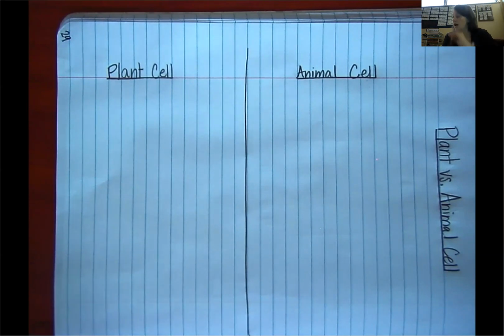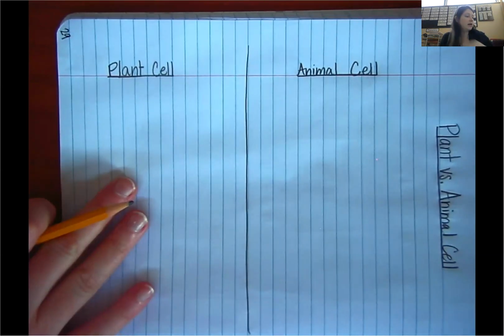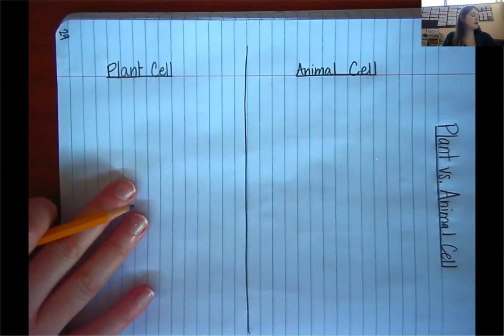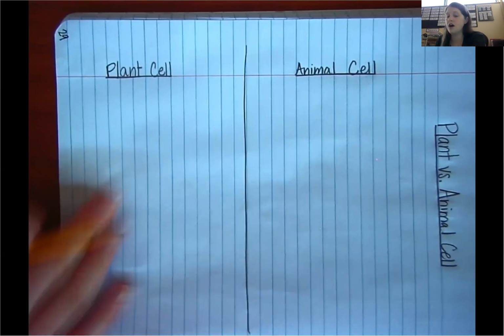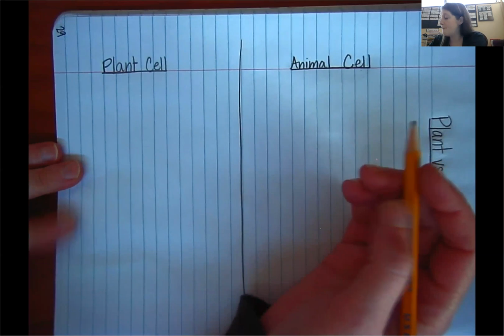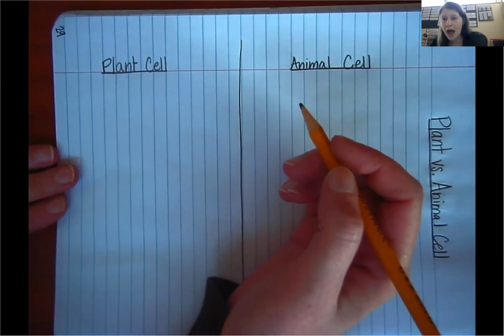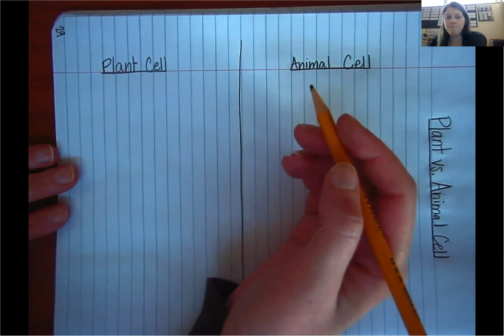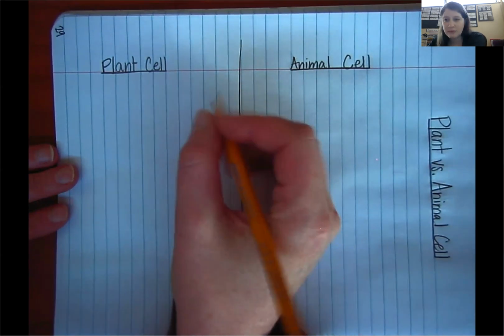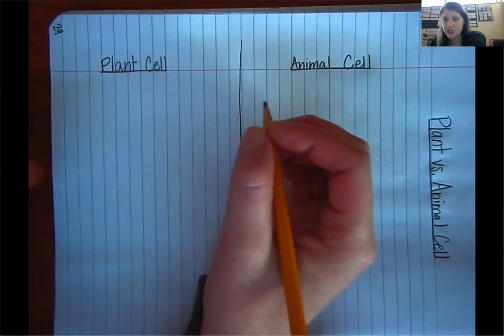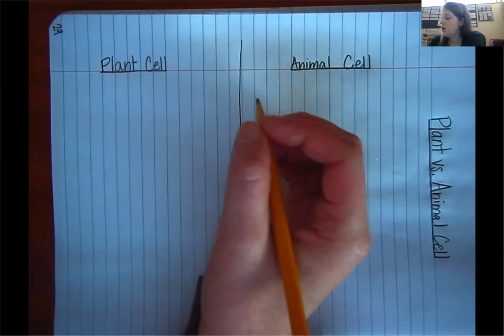I'm going to start on the plant cell side, and plant cells, we kind of talked about this a little bit, but they tend to be more rigid in shape. They're less round, or their shape is mostly just a rigid shape. That means it has like corners.